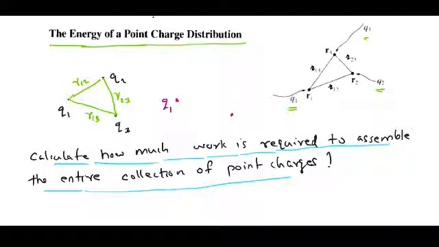Next, we will bring another charge, Q2, to the point 2. Then we need to calculate how much work is needed to bring the charge Q2 from infinity to the point 2. Because here there will be a problem. The charge Q1 is already there, and the electric field is emerging away from this charge Q1. While bringing Q2 to the point 2, the charge Q1 exerts some electric force on Q2.